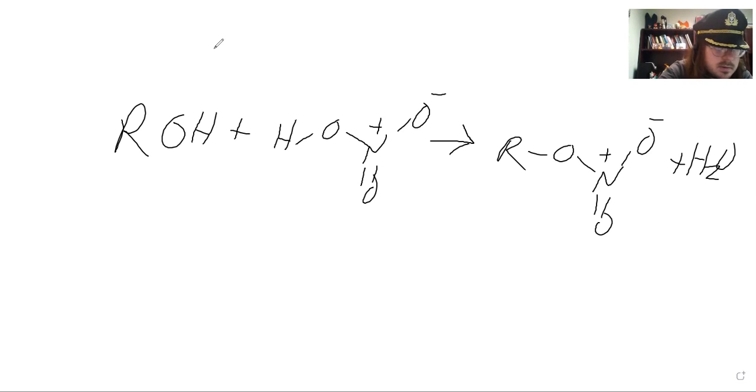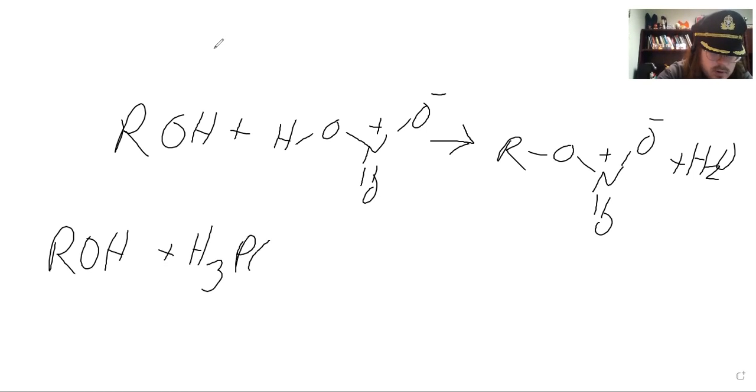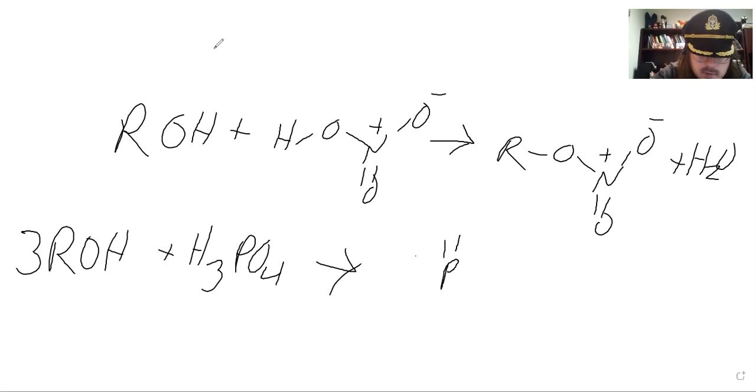ROH with H3PO4 is essentially going to form, if you do 3 equivalents, you're going to have 3 equivalents of water, and you're going to have phosphorus with OR, OR, OR, and 3 waters.